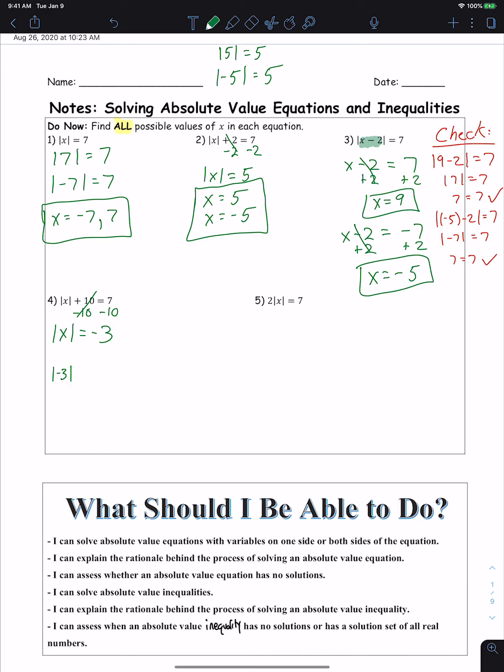Absolute value of negative 3 is 3, not negative 3, because it makes it positive. So, in this case, our solution is we have no solutions. We can't plug in a value for x that would make the absolute value of x equal to a negative number, which in this case is negative 3. So we would have no solution. You can say that, or you could also say no solutions.